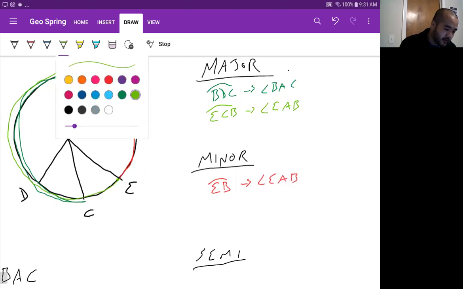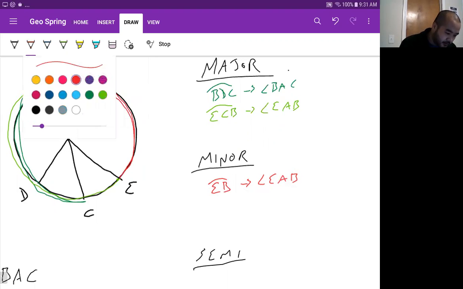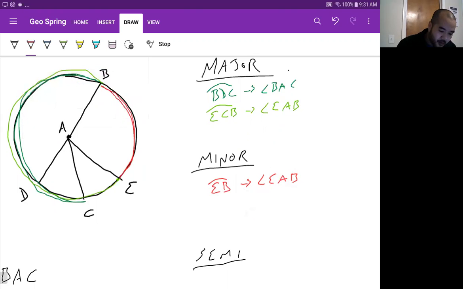So let's also look at, do I have a different red I can use? Yeah, okay, sure. So let's look at angle BAC. Angle BAC is this one here, and this is the minor arc going from here to here.